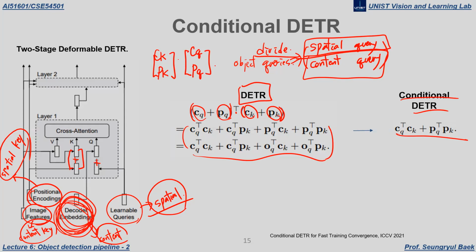By concatenating them and applying the dot product, we obtain a more simplified version of the attention. They say that this division of spatial and content is helpful for improving the training.